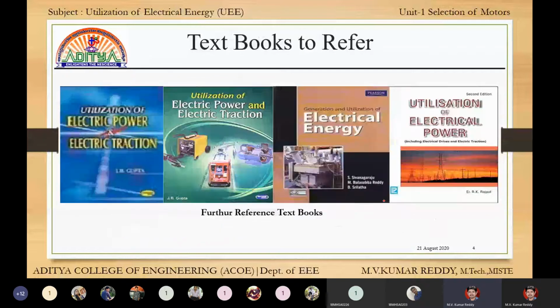Next are further reference textbooks, beyond these four. These two textbooks are by the same author, but the editions are different: this is the old version and this is the new version. Next is Generation and Utilization of Electrical Energy by Sivanagaraju, and the last one is Utilization of Electrical Power by R.K. Rajput.